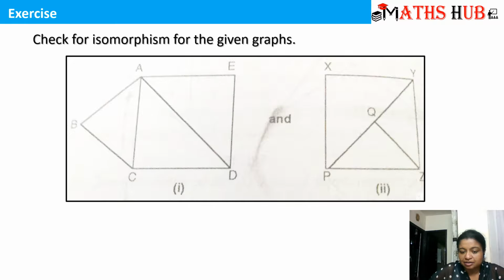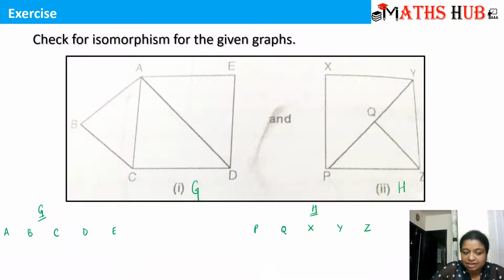Let us mark the first graph, figure 1, as graph G, and let us mark figure 2 as graph H. So we'll list down graph G and we will list down graph H. Graph G has vertices A, B, C, D and E. And the vertices of graph H are P, Q, X, Y and Z. So that means 5 vertices here, 5 vertices here.